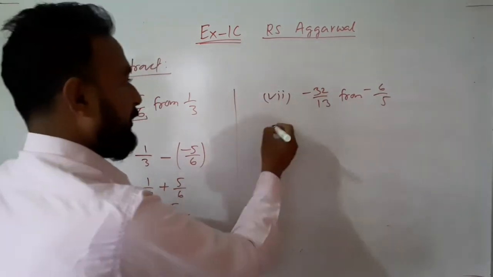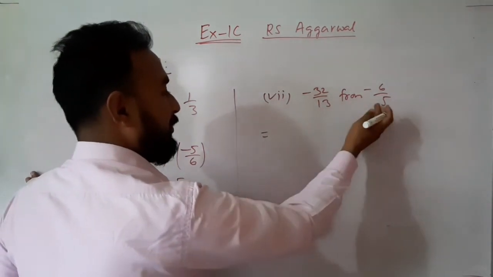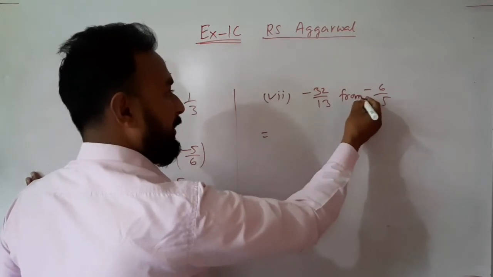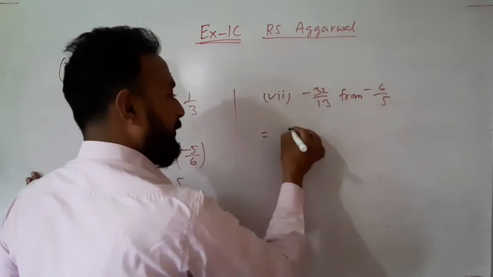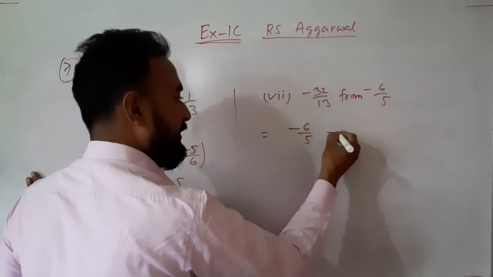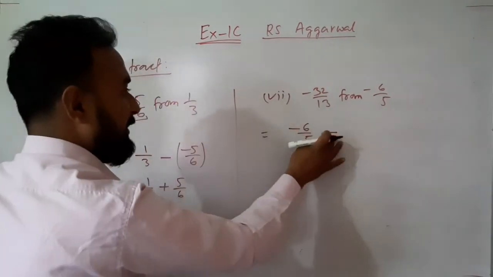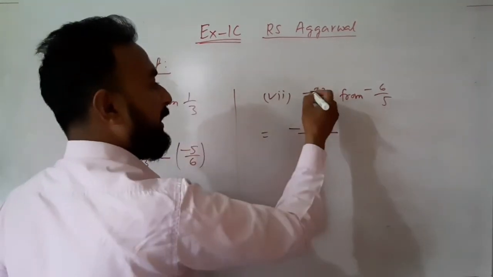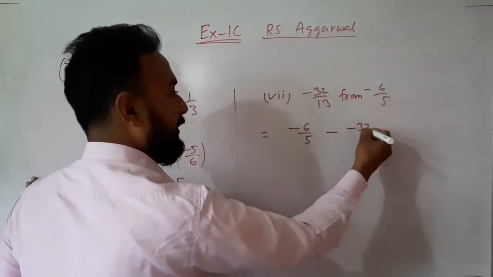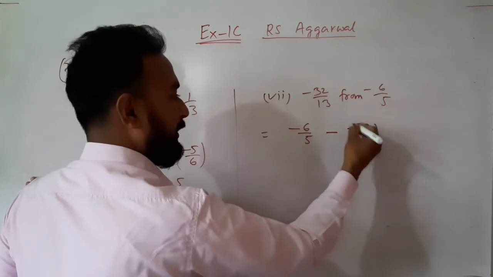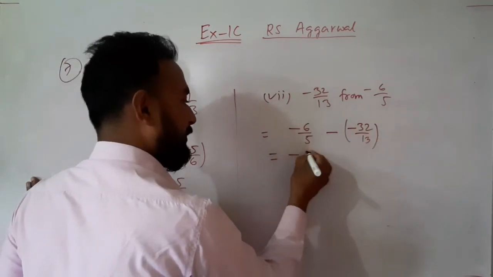Now I am going to solve the next problem. Here also, the number which comes after "from" you have to put before the minus sign. This minus sign is for subtraction, and since the rational number is already given with a minus sign, you have to put it inside the bracket.